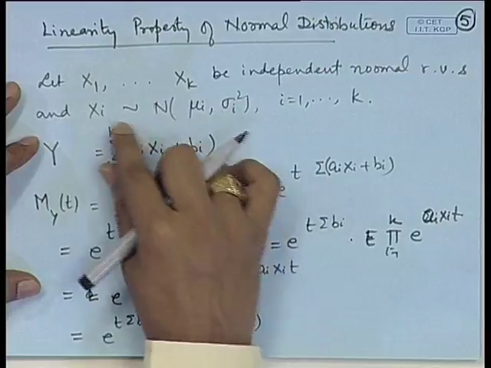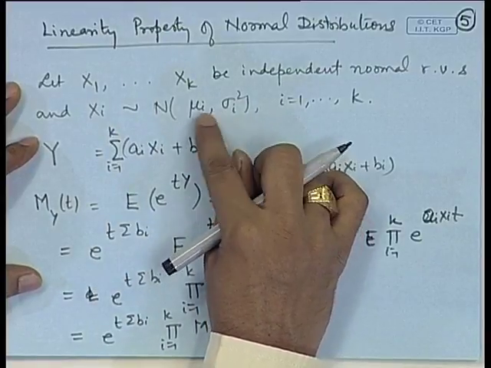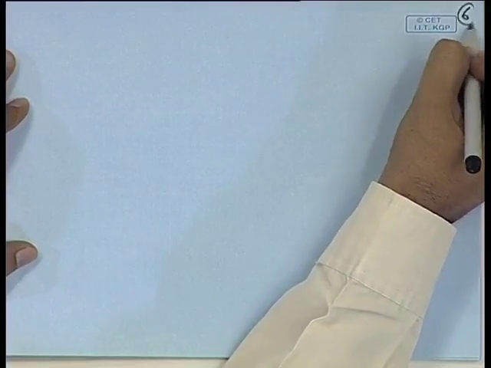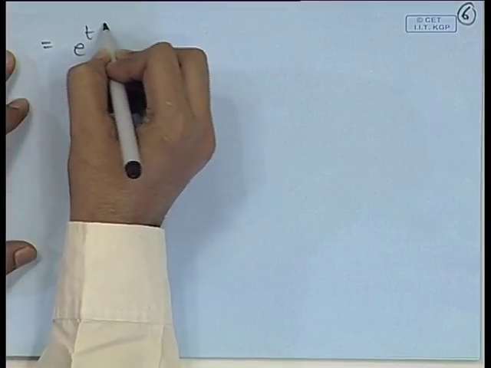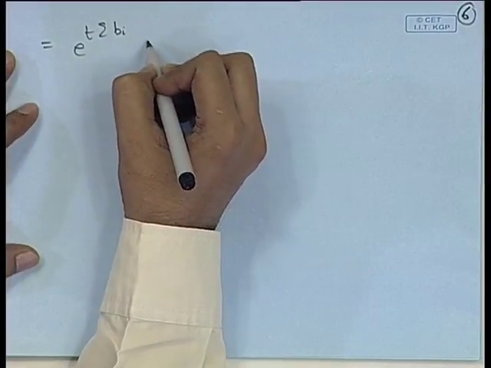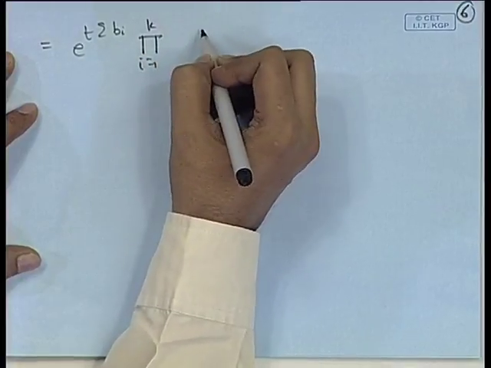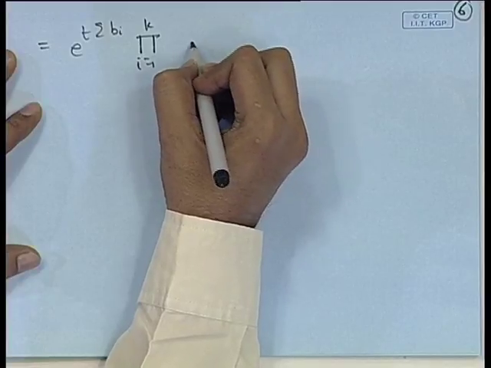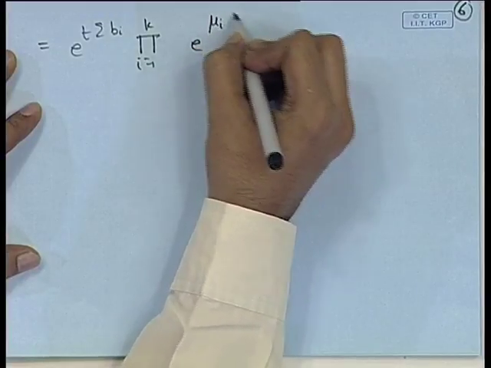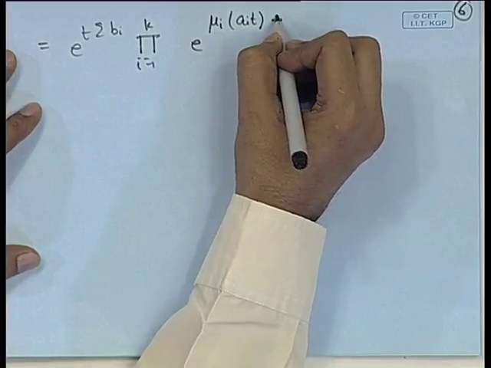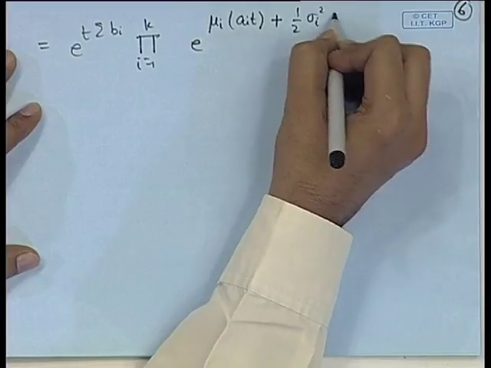Now, the x i's follow normal distributions, therefore the moment generating function of x i can be written. So, we substitute that here to get e to the power mu i a i t plus half sigma i square a i square t square.